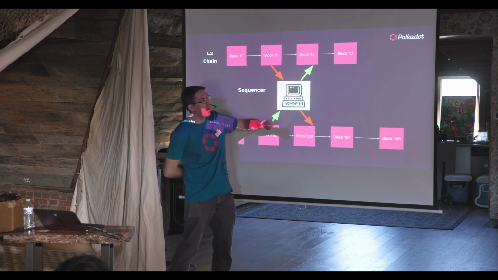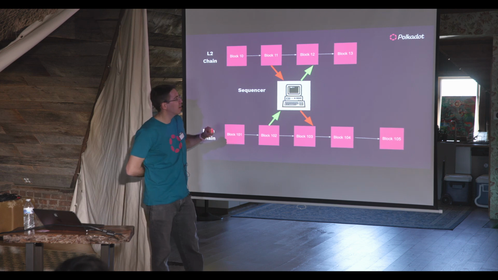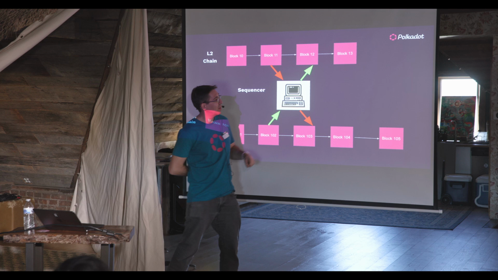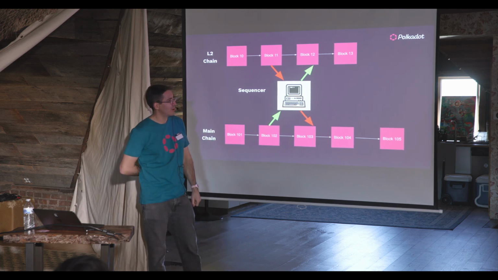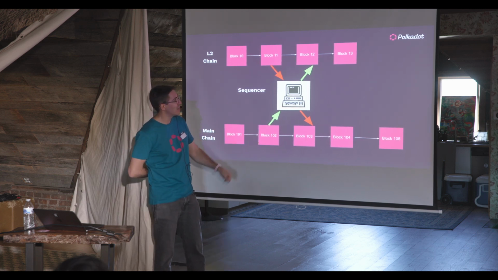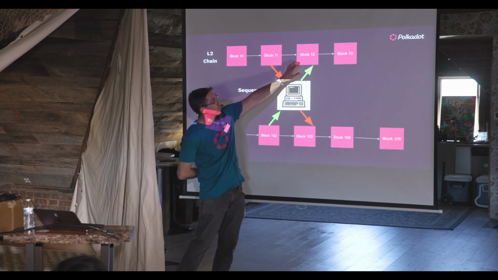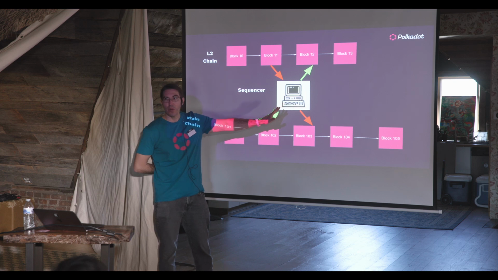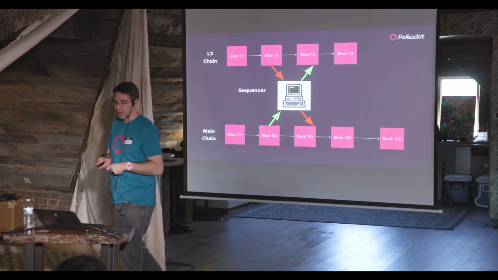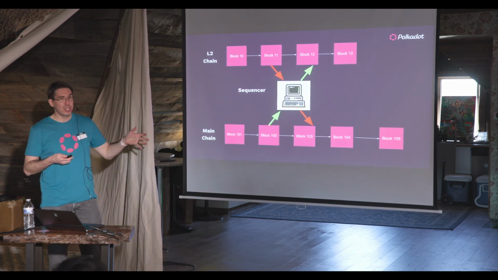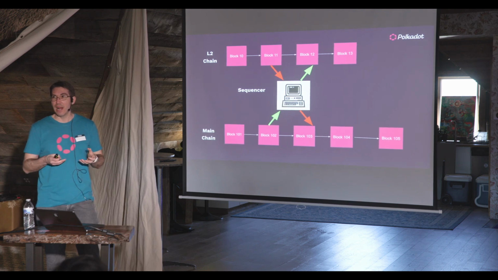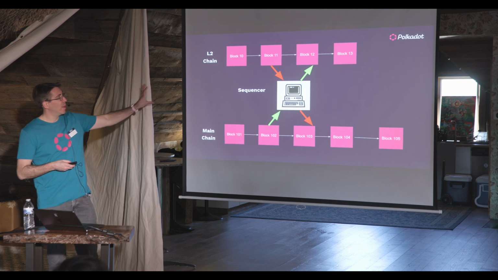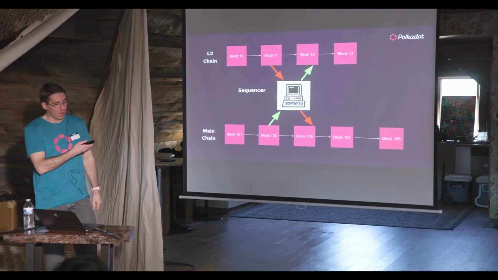There's going to be a smart contract or something similar up here that says, all right, I'm going to lock this on here, and then my account down here will have the capability to interact with that locked ETH, or a ghost version of it. The sequencer is going to let the main chain, which has smart contracts, validate what is happening on the L2.